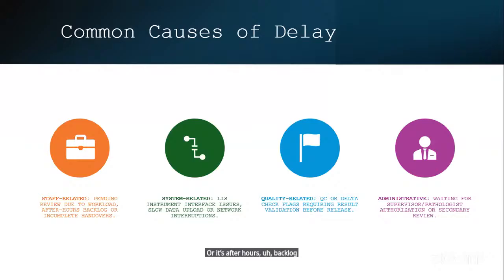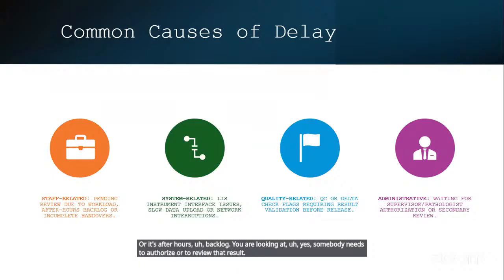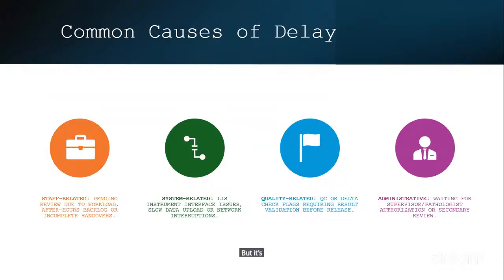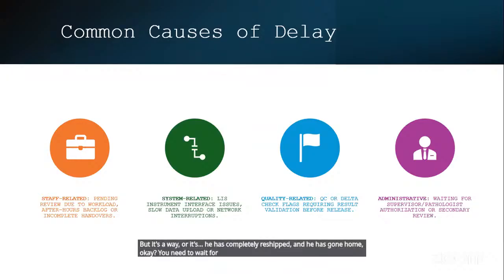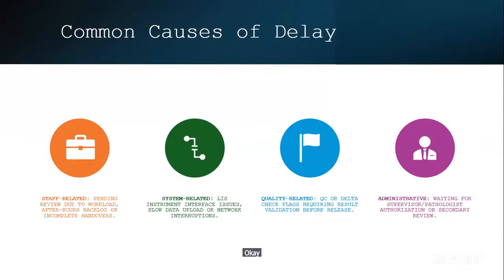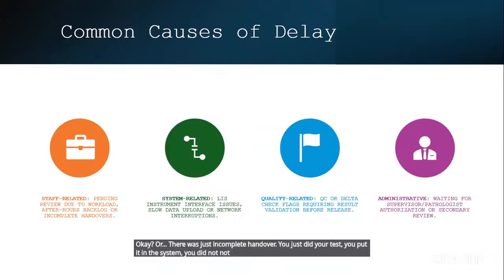Yes, somebody needs to authorize or review that result, but they are away, or they have completed their shift and gone home, okay? You need to wait for that staff to come tomorrow, okay? Or there was just incomplete handover. You just did your test, you put it in the system, you did not notify me as the person who is supposed to authorize that report, and you went home.